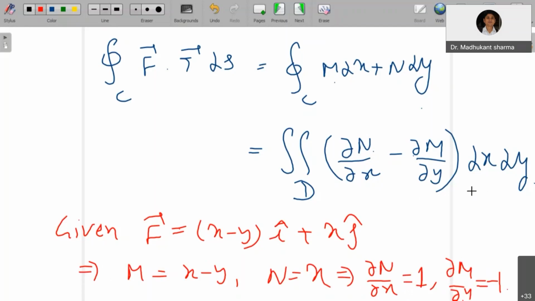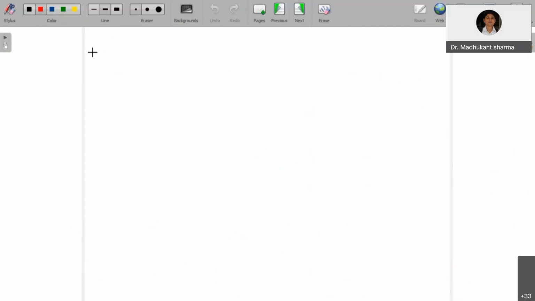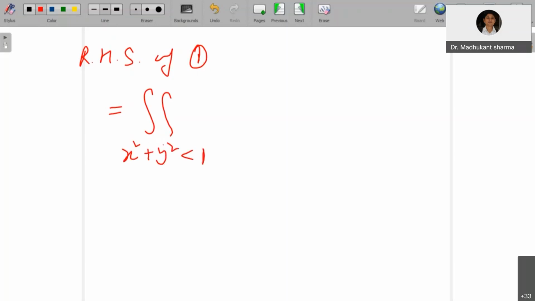Okay, so I will call this 1. Now, the right hand side of 1 equals the double integral over D, where D is x square plus y square strictly less than 1, of dou n by dou x minus dou m by dou y.